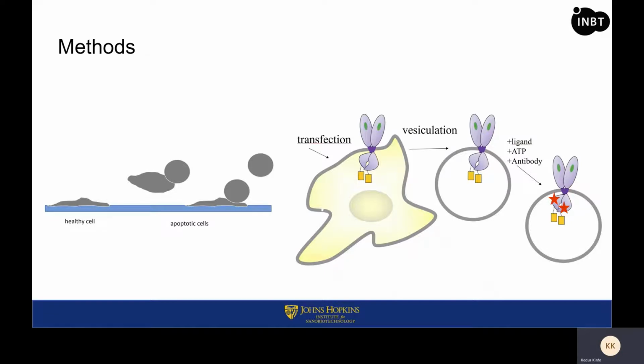This all makes it an ideal model system to study membrane protein interactions. So to do this, we actually have to first label the FGF receptor protein with a fluorescent protein through transfection. Then we perform vesiculation. That is actually shown right here with this yellow attachments.